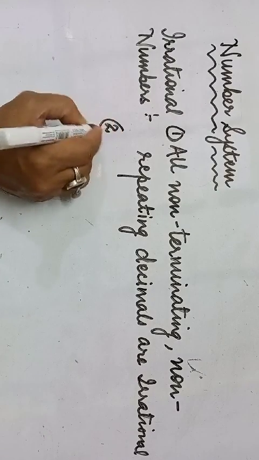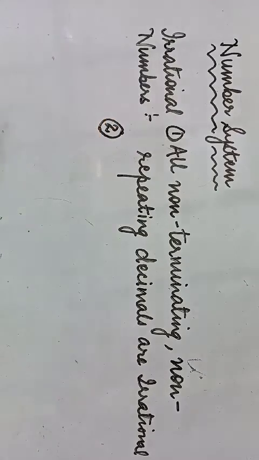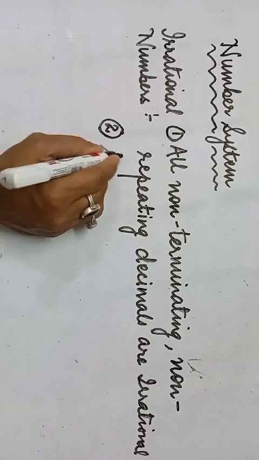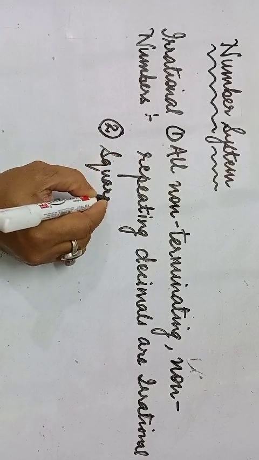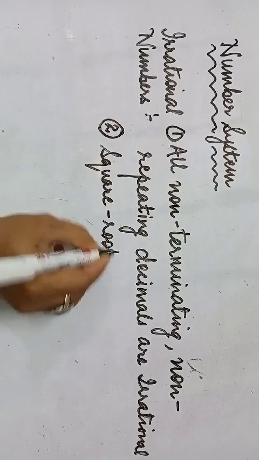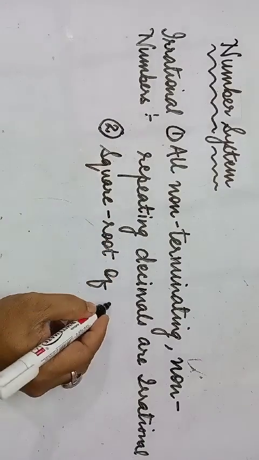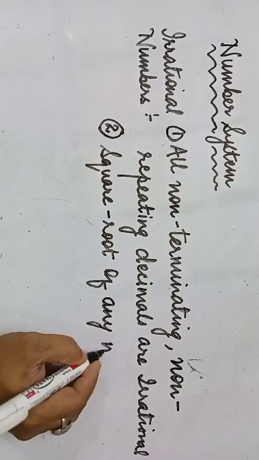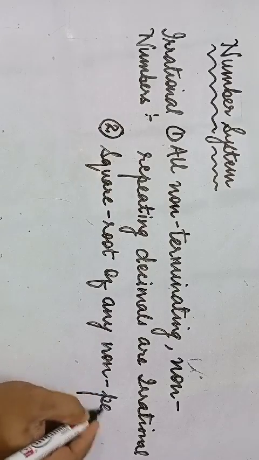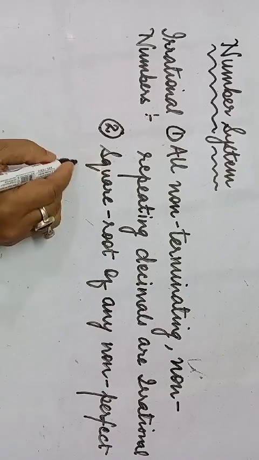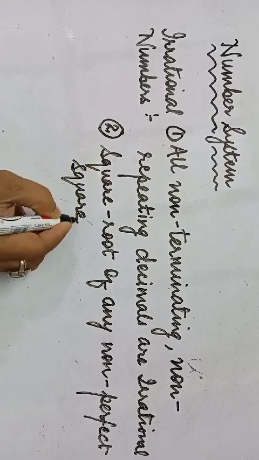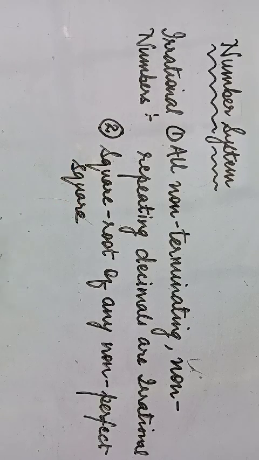The second thing, now these are small points to keep in mind, because whenever you come across an irrational number, they will more or less fit into these two criteria. Square root of any non-perfect square, which is exactly what we discussed just now by taking examples of root 3, root 5, you can have root 7, root 17, root 13.